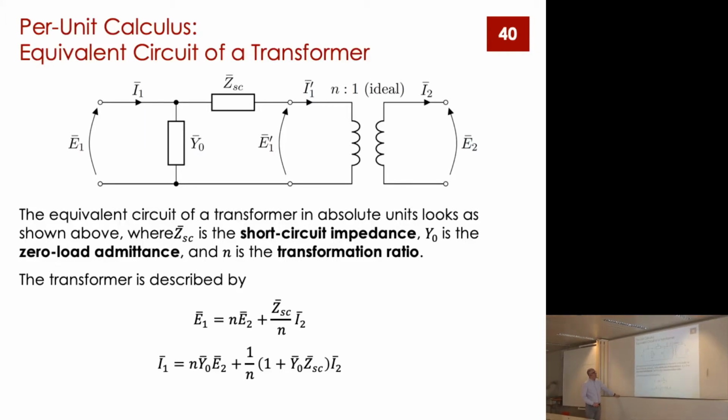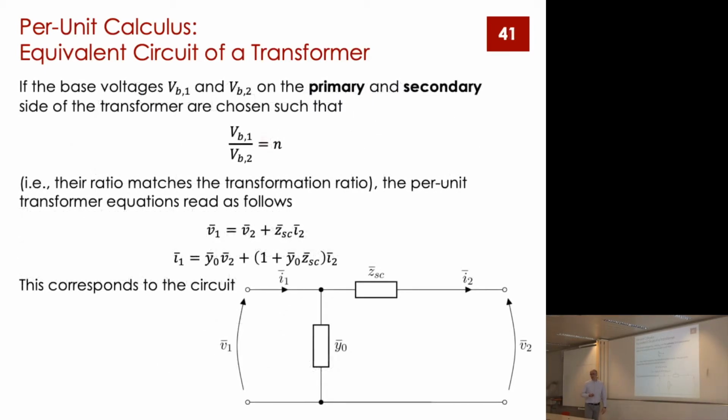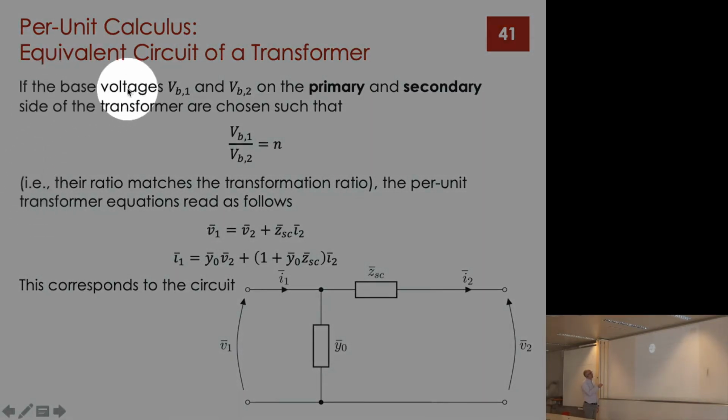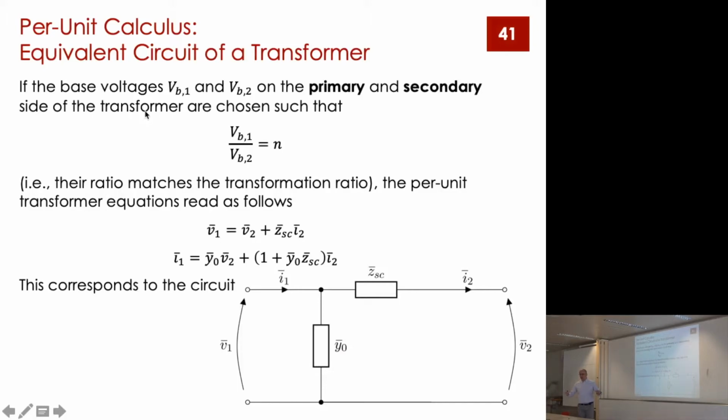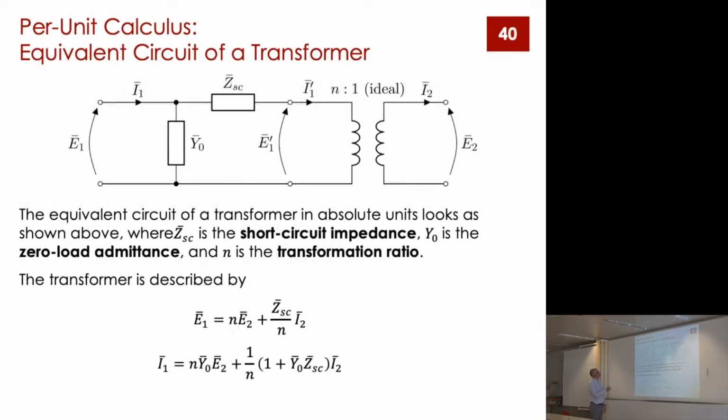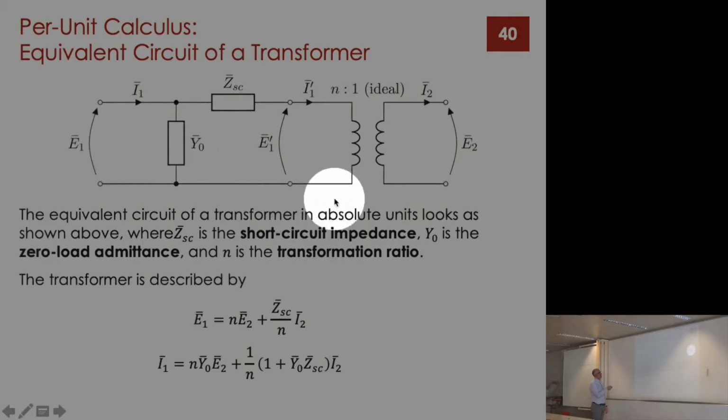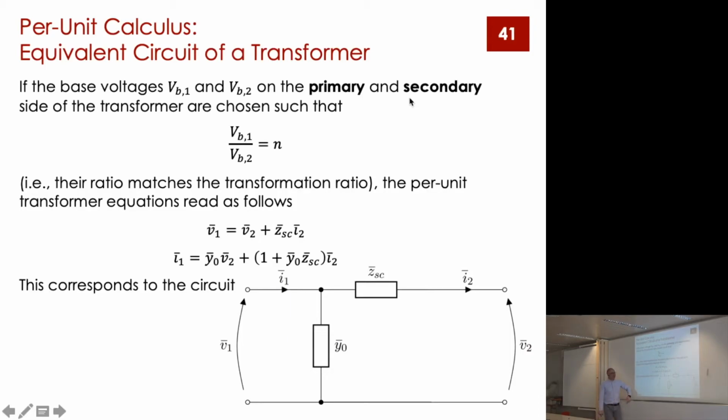Now, if I choose two base voltages, VB1 and VB2, to be the primary and secondary rated values of the transformer, such that their ratio is equal to n, where n is the transformer ratio, and I write the two equations in per unit, they become like this.